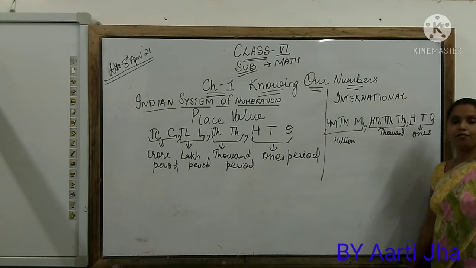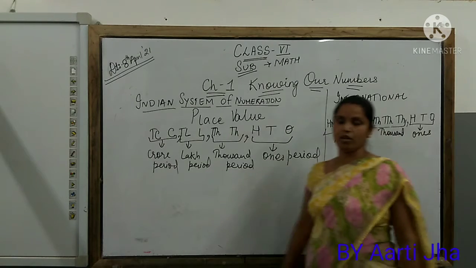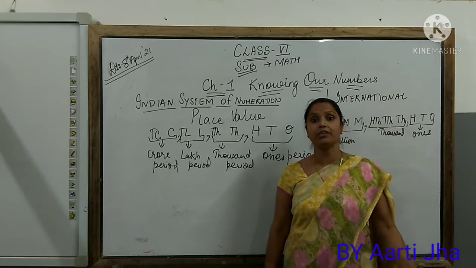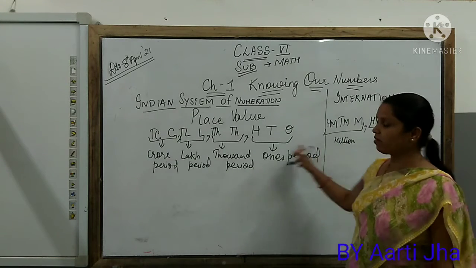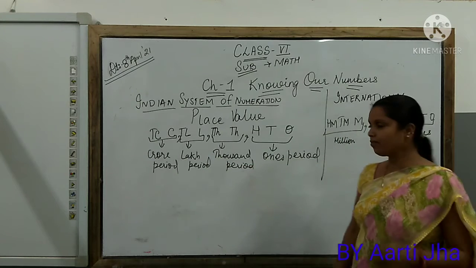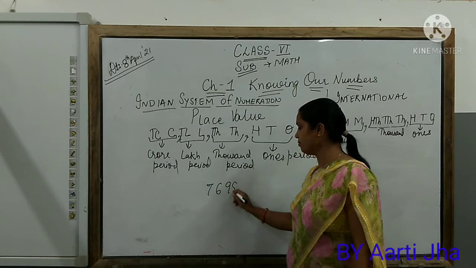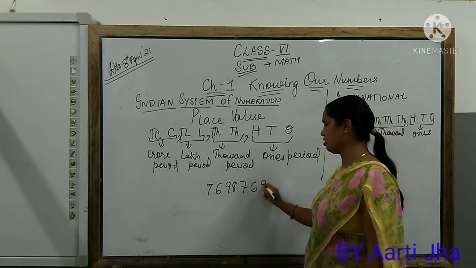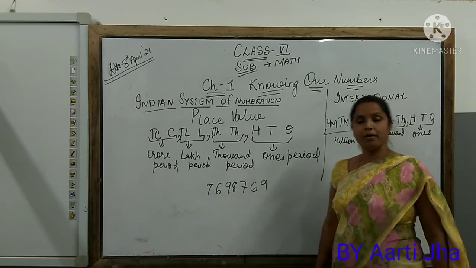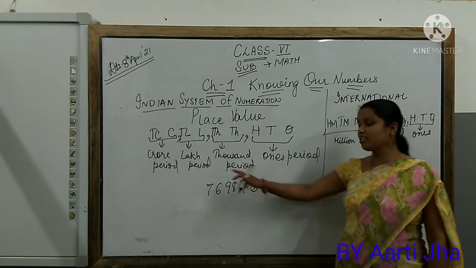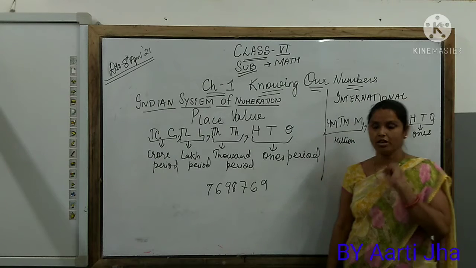Based on it, we read the number, we write the number, we write the name of the number, with the help of the place values. Let's have an example, children. Let's have a 7-digit number. How is this number formed? This number is formed by using digits.